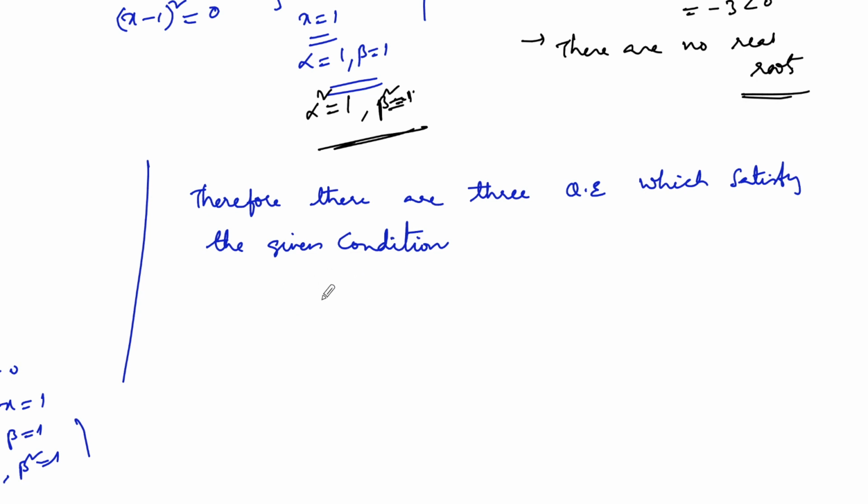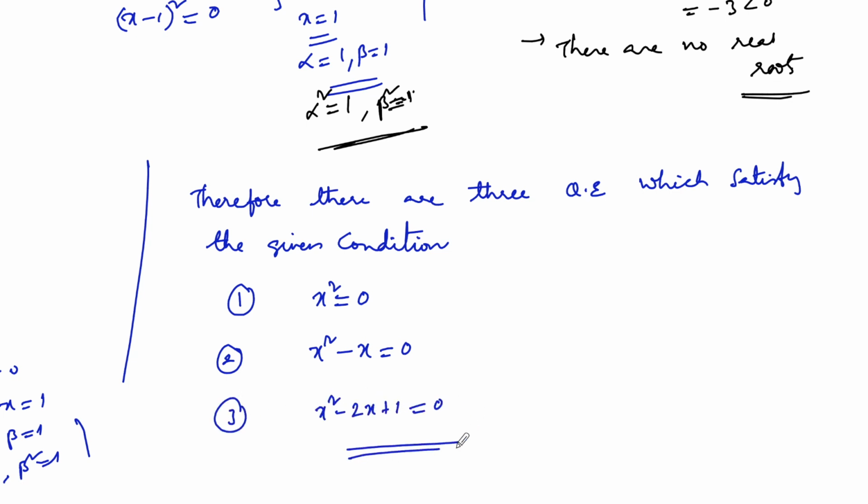So they are x square equals to 0, and x square minus x equals to 0. So this is 1, this is 2, and the third equation x square minus 2x plus 1 equals to 0. These are all quadratic equations with real roots.